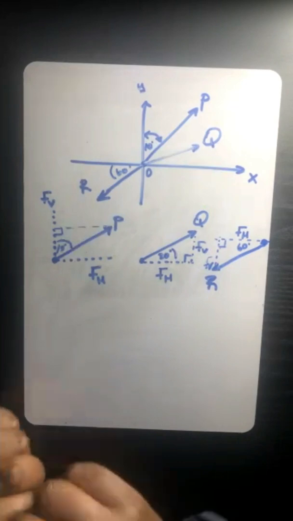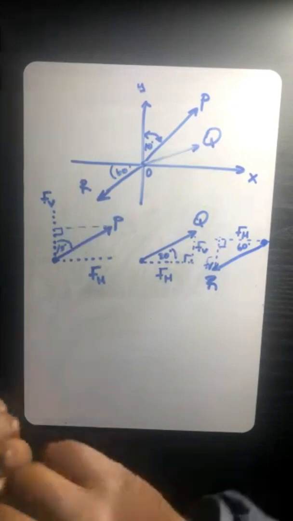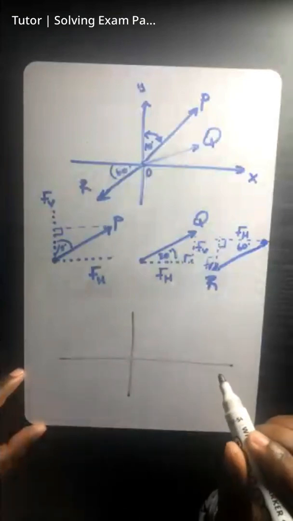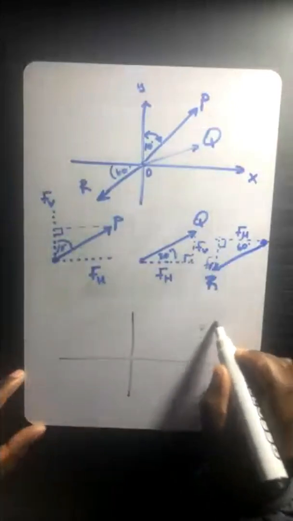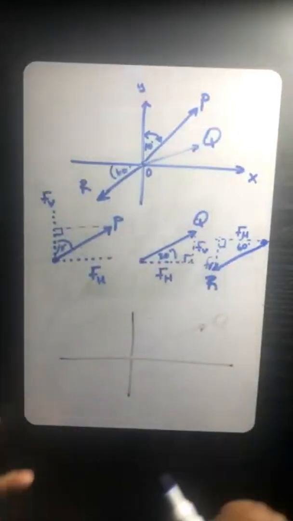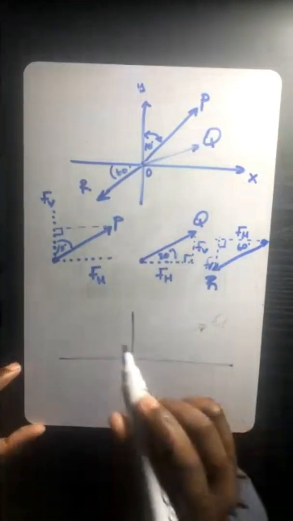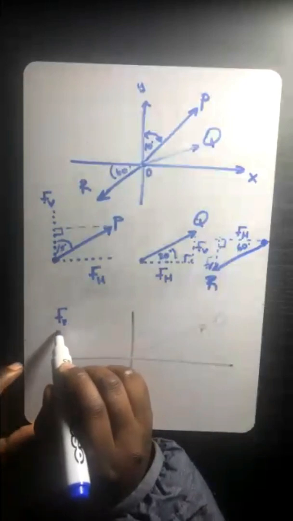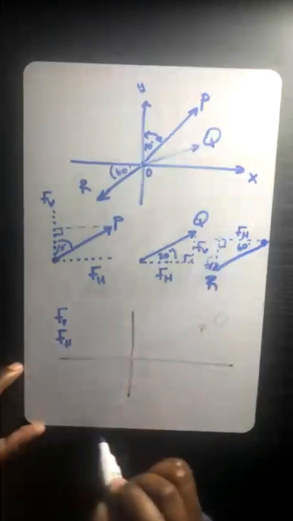Okay, so remember, guys, we've got a Cartesian plane, and we have that force Q in that direction. So this is that force Q. You want to have a force vertical and a force horizontal.